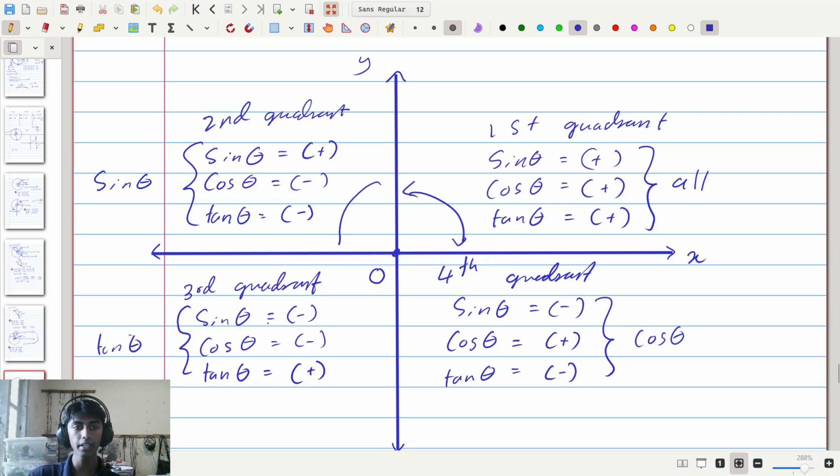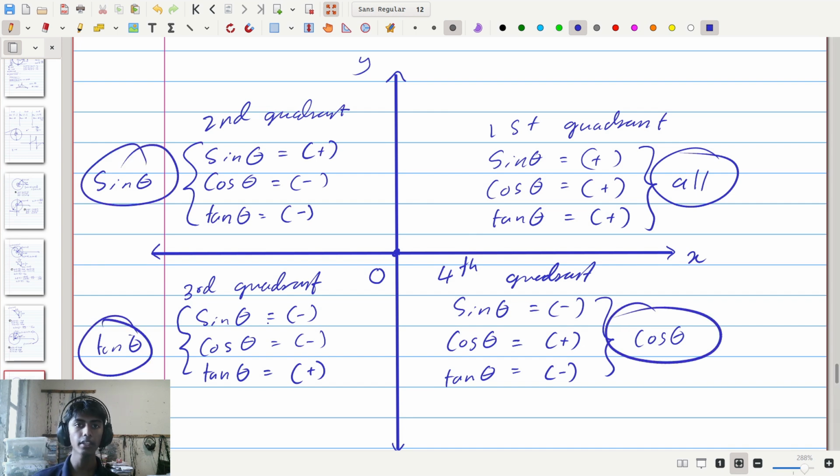If you are between 90 and 180 degrees, only sine is positive. If you are between 180 and 270 degrees, only tan is positive. And if you are between 270 degrees and 360 degrees, only cosine is positive. I hope this is helpful, and you can try to find a mnemonic or some word that you can use. All, sine, tan, cos, in that order anticlockwise.